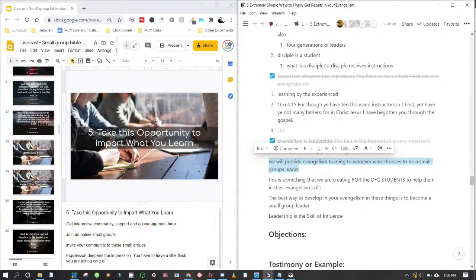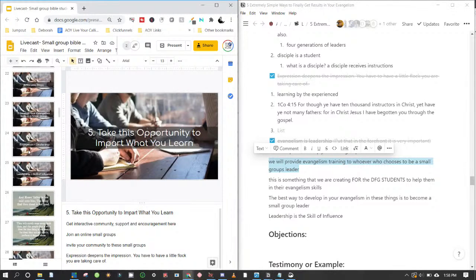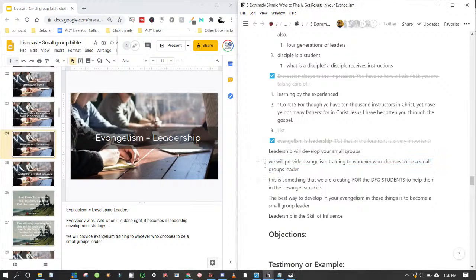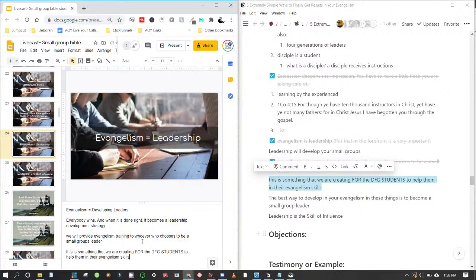Oh, teaching point 3. Evangelism is leadership. There you go. Okay. This is something that we're creating for direction guides. Yes, this is important for people to know.